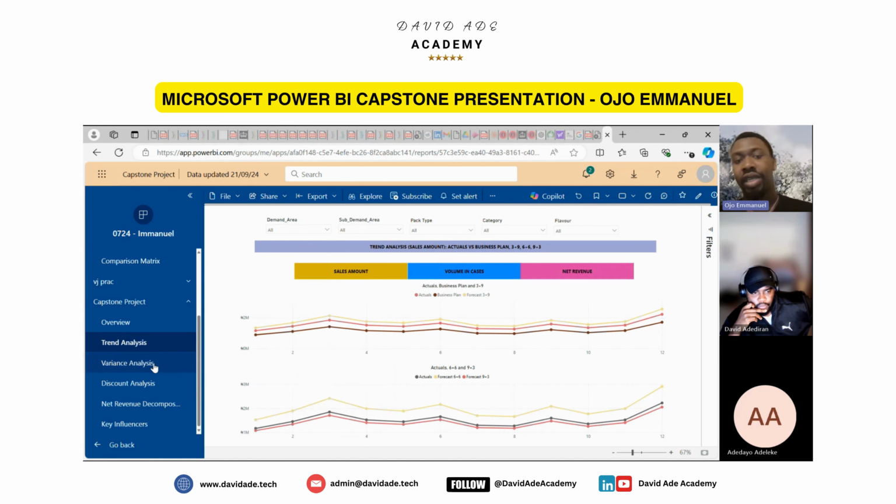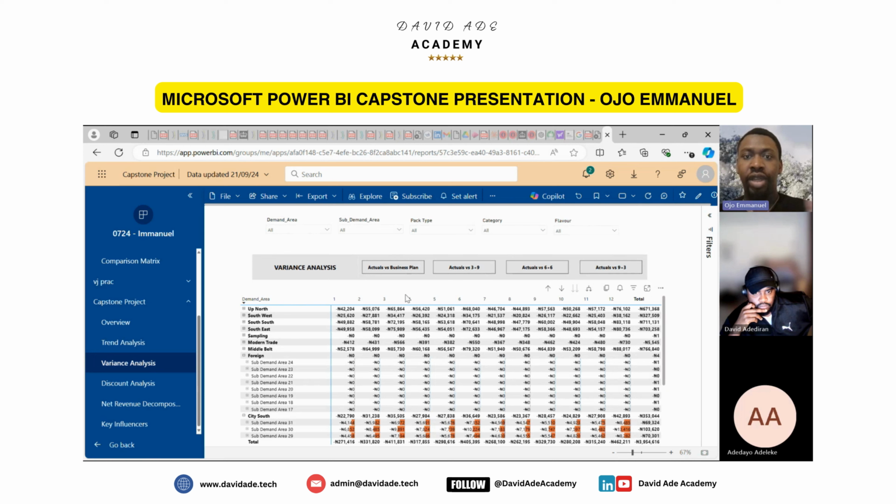Then if we look at the variance analysis, it talks about the actuals versus the business plan, and actuals versus the different focuses, 3 plus 9, 6 plus 6, and 9 plus 3. If you look at actuals versus the business plan, we can see we had some negatives, which I used color coding to differentiate.